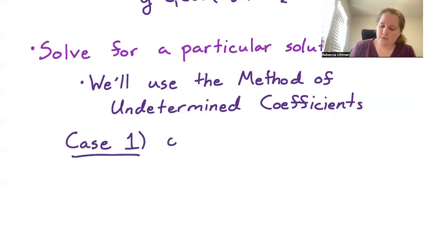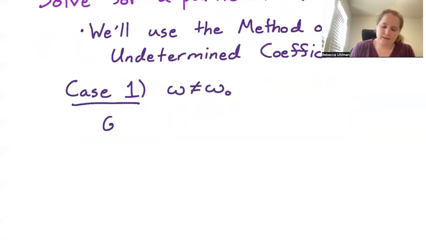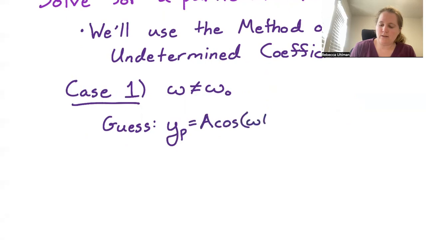We'll look at the case where omega is not equal to omega naught. Then we can use our guess simply to be yp is equal to a cosine of omega t plus b times sine of omega t.